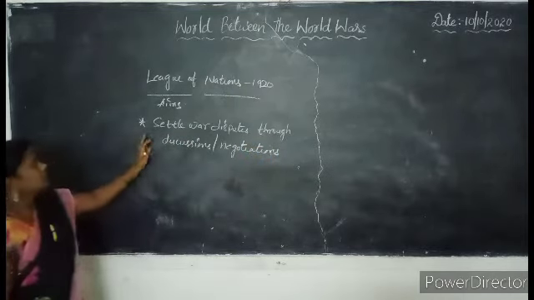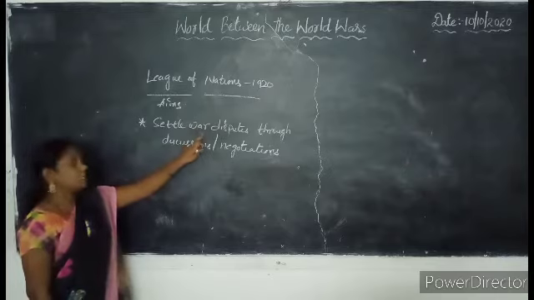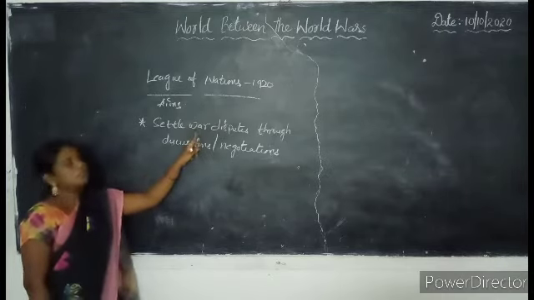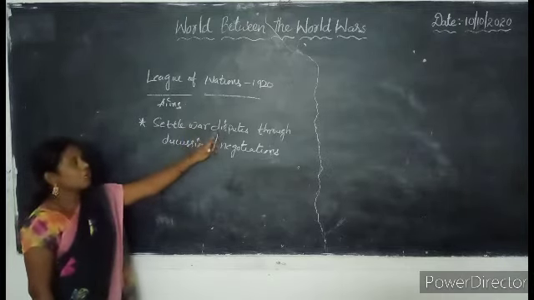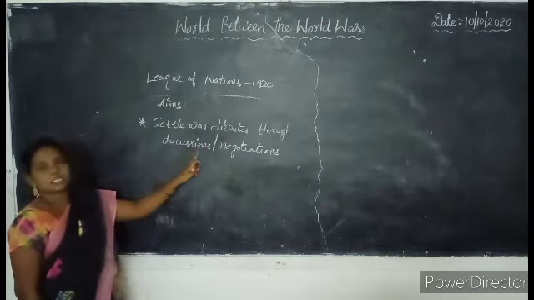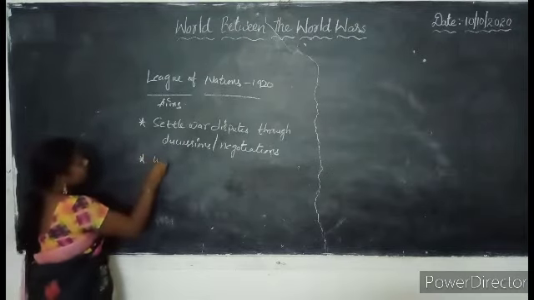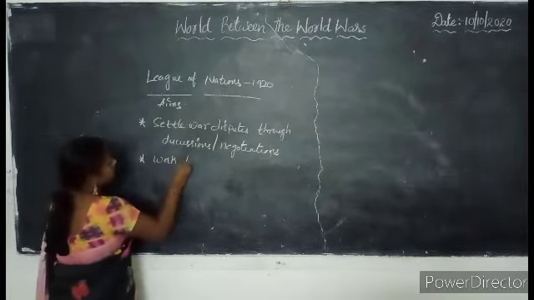Settle the war if there were any disputes between the countries. So they have to settle the war disputes not through the war but through what? Discussions and the negotiations.